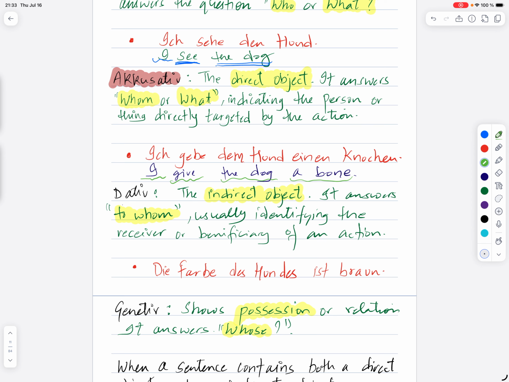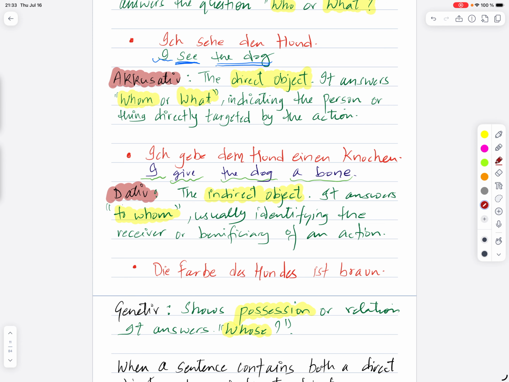As I said before, if you have two objects, the non-living thing becomes accusative, and the living thing, the person, is here not the direct object being affected by the activity but an indirect object, and that takes a new case called dative.